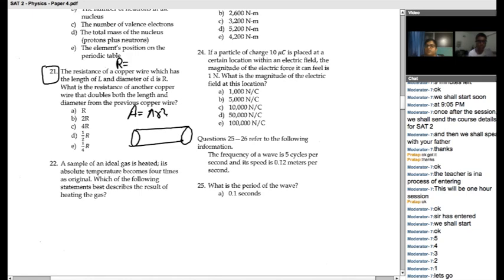Now the old resistance is rho L by A. The new resistance is rho into 2L by 4A, because if you double the diameter, the area will be 4 times. So R dash by R is equal to 1 by 2. So R dash is equal to R by 2. So D is the answer. Fine? Any doubt?